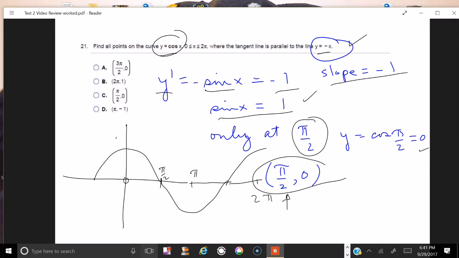And notice that we said the point is pi over 2. And if I could draw a halfway decent tangent line, there it is right there, and the slope of that tangent line is minus 1, just like we wanted.